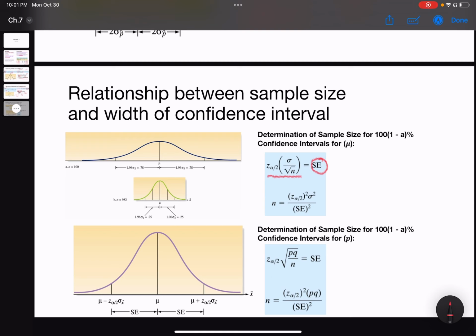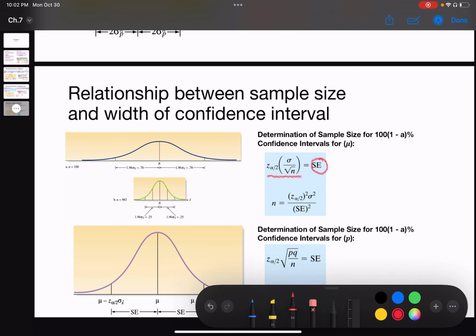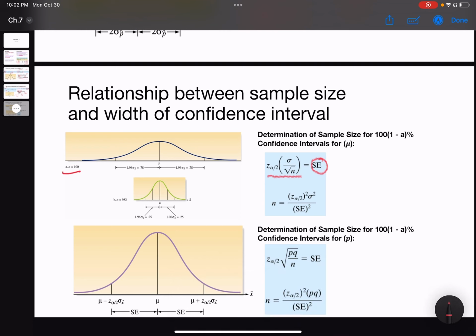Here we can see an example where we have n as 100 and n becomes 983.